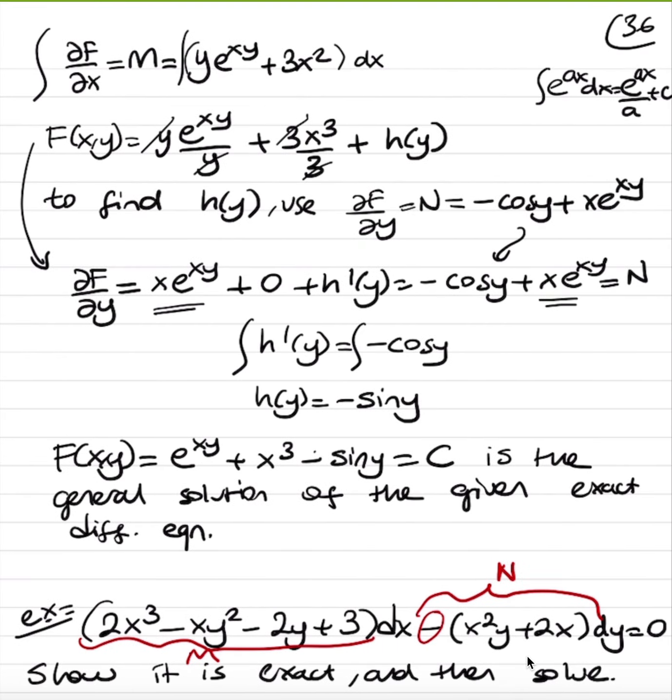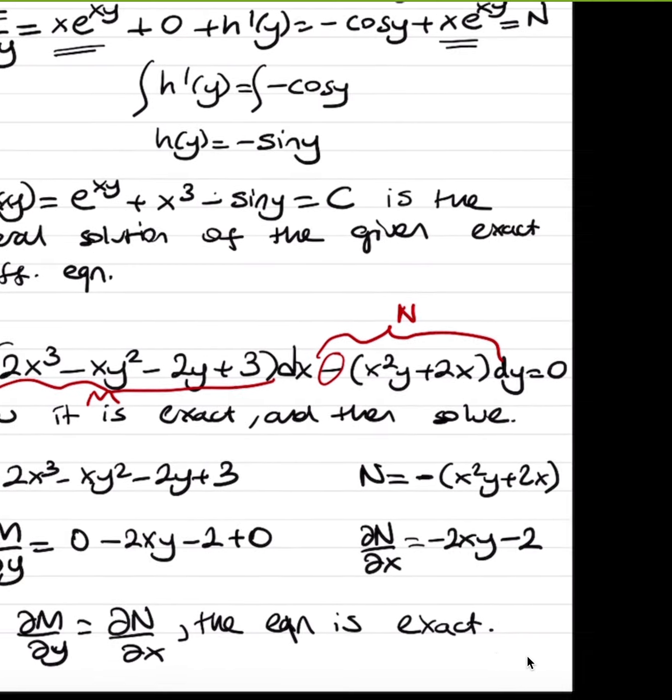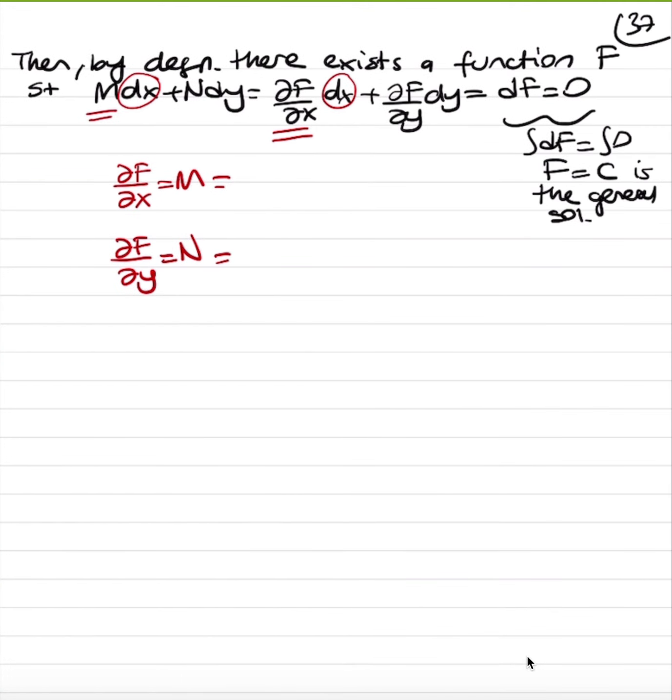And in this case, m is equal to this function and n is equal to this function. Okay, I will write it looking at my notes. What is m? 2x cubed minus xy squared minus 2y plus 3, and what is n?